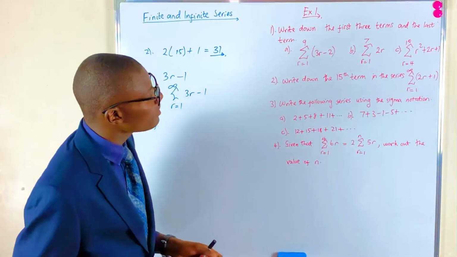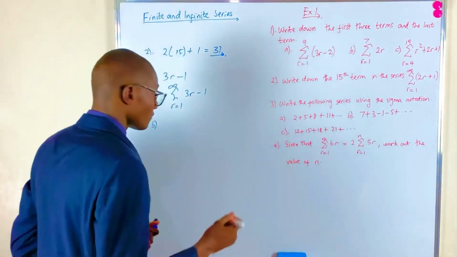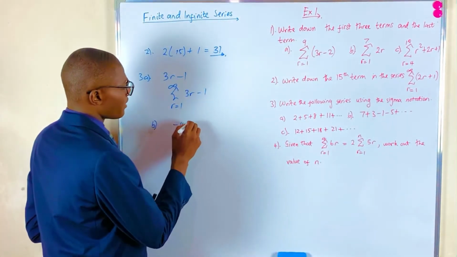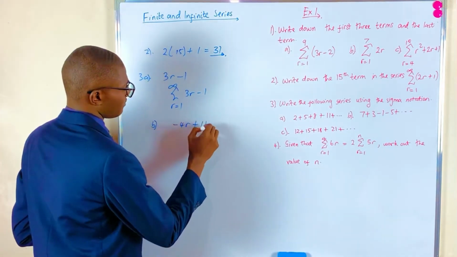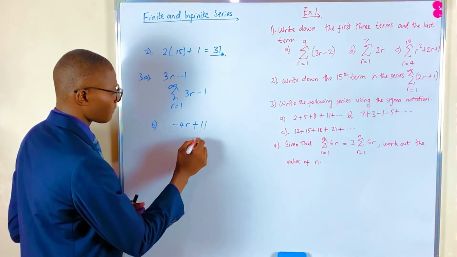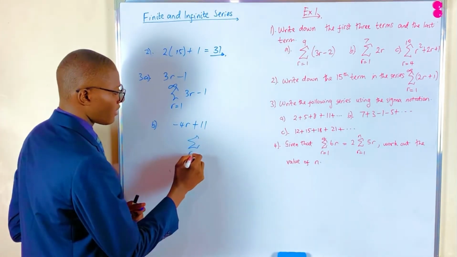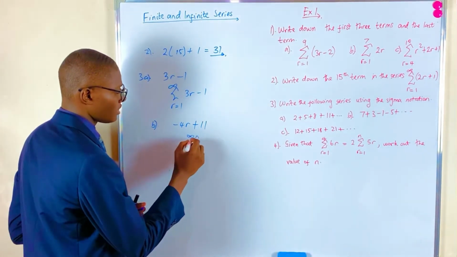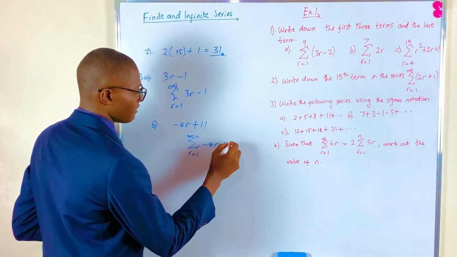Then for part B, if we have to come up with the general term, we see that we've got minus 4r plus 11, such that we're saying sigma from r is equal to 1 up to infinity of minus 4r plus 11.